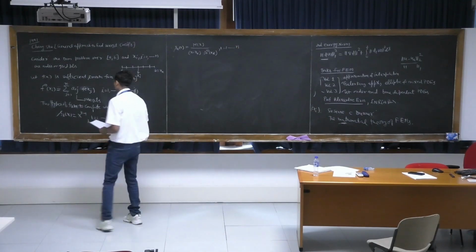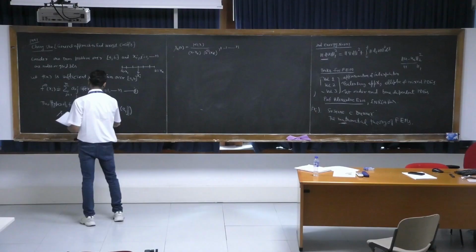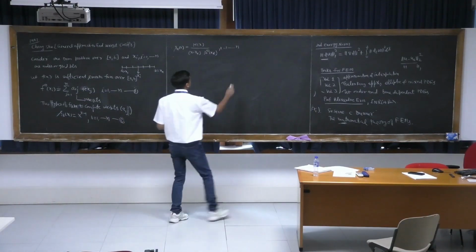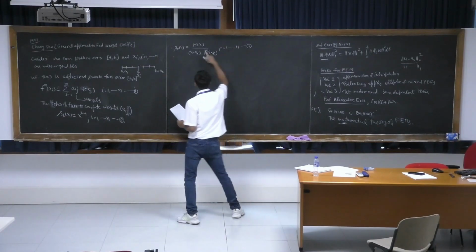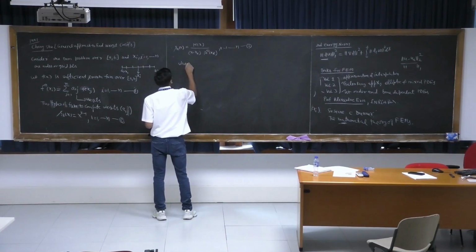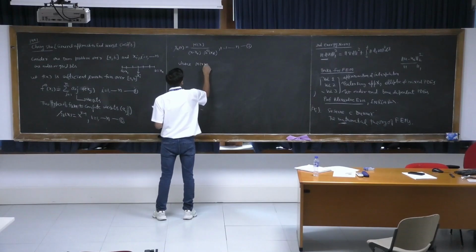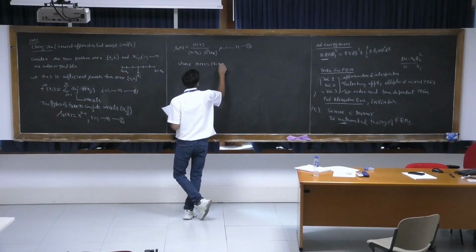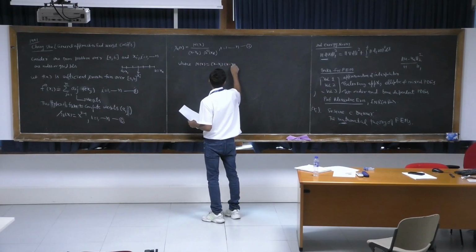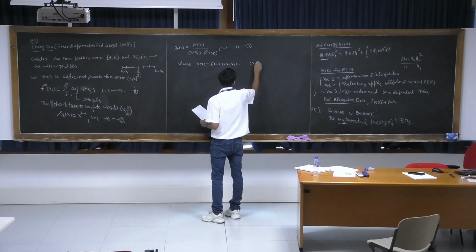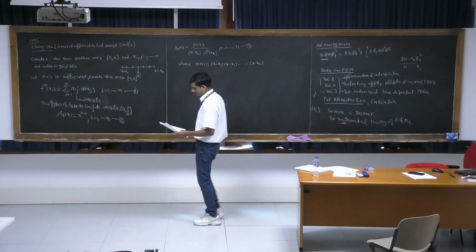So say this is 2, or say this is 3 here, where m(x) is x minus x1, x minus x2, and so on, x minus xn.